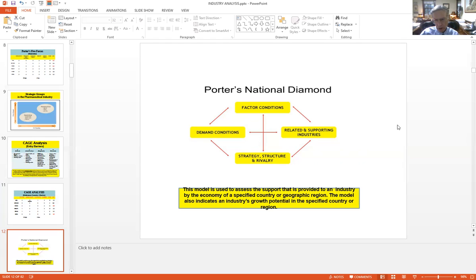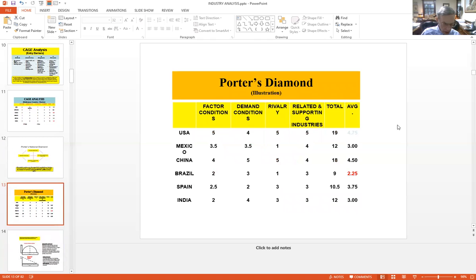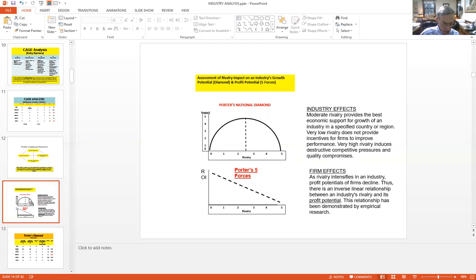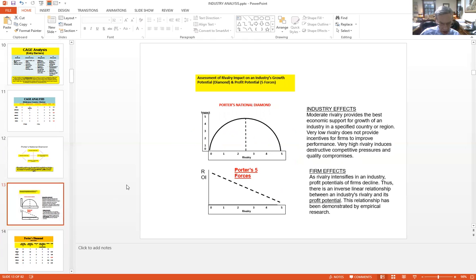Is there a great deal of rivalry in this industry? Perhaps there's not much at all, or perhaps rivalry is moderate. And where the industry falls in that continuum can make a big difference. We'll deal with that in just a minute. As a matter of fact, let me deal with it right now, because it's usually best to talk about something as soon as it's mentioned.